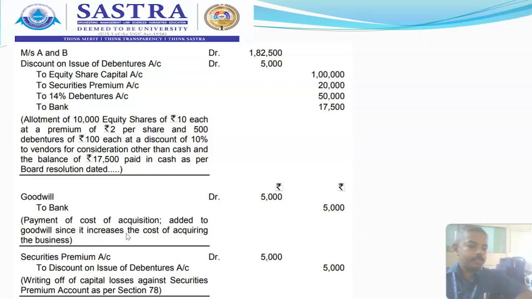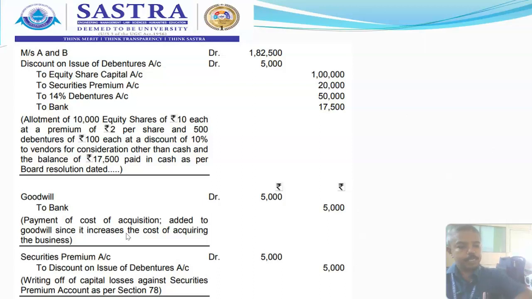When there is a capital loss, then that loss can be treated as goodwill. We have seen in the previous lecture also this format. Please go through that if you have any doubt. So now the journal entry is goodwill account debited rupees 5,000 to bank account rupees 5,000, being the payment of cost of acquisition added to the goodwill, since it increases the cost of acquiring the business.